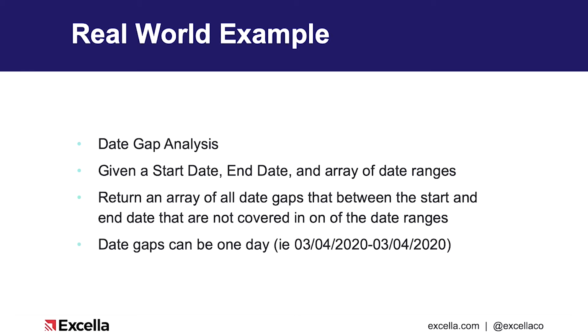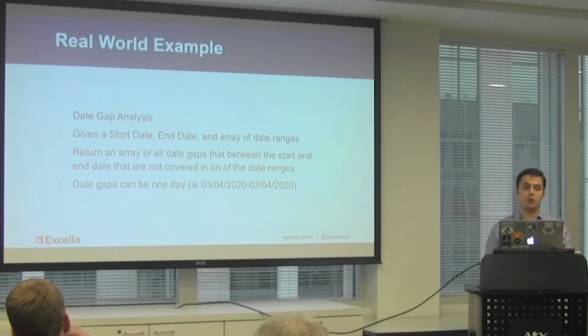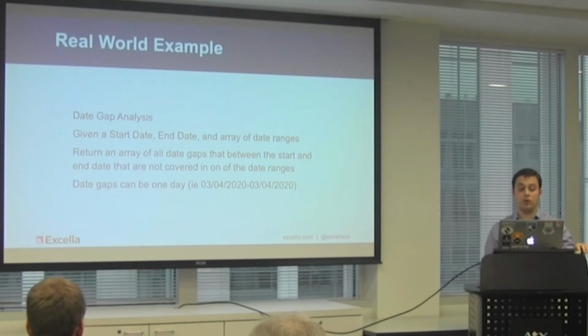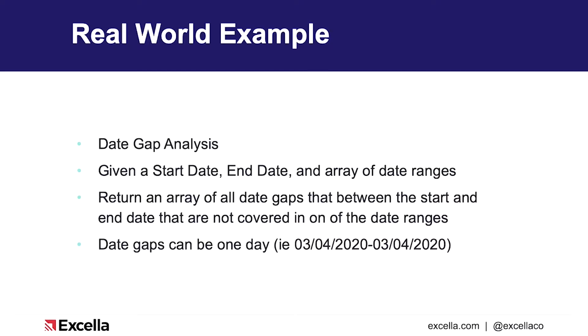Another requirement that I'd like to point out, and I'll point back to in a second, is that one day could be a date gap. So if you had a date range that ended on 3/3/2020 and one that started on 3/5/2020, that would create a date gap from 3/4/2020 to 3/4/2020.